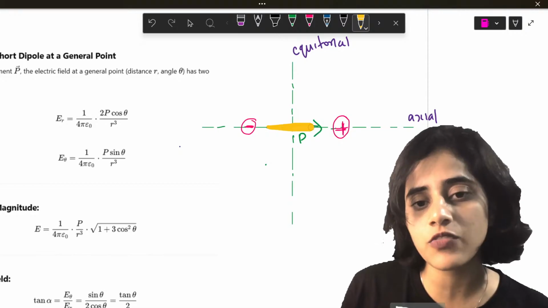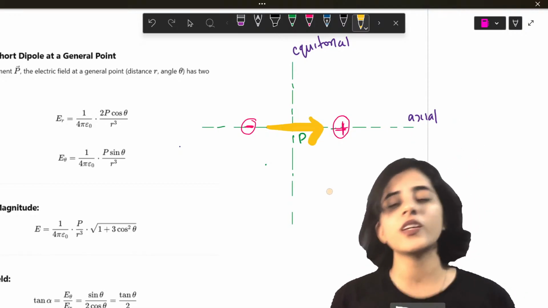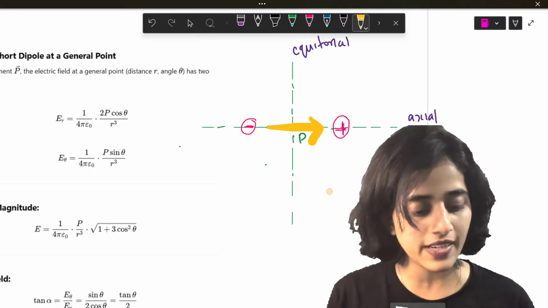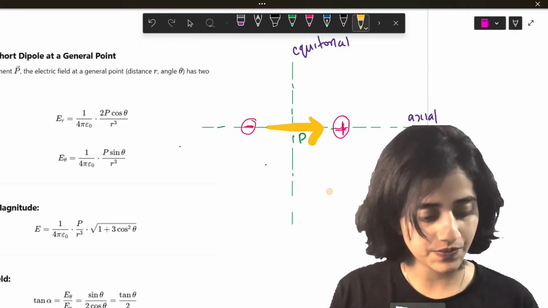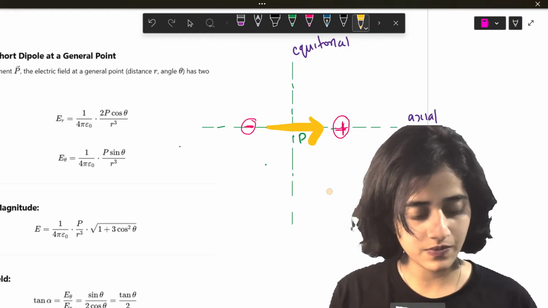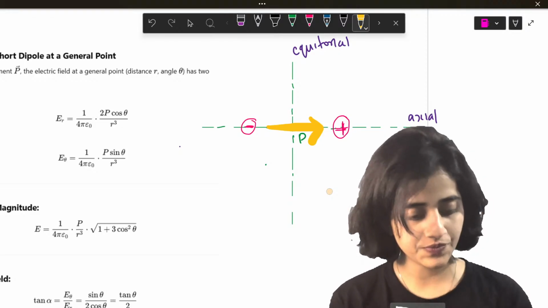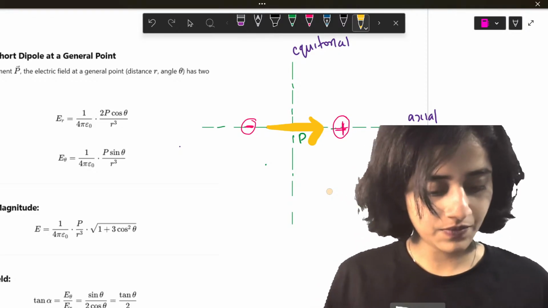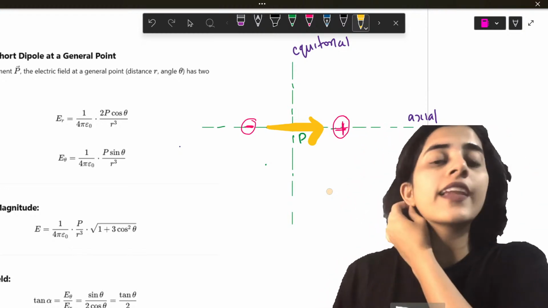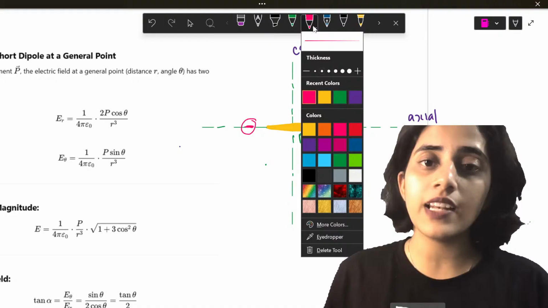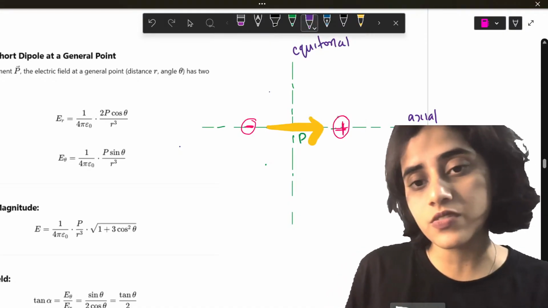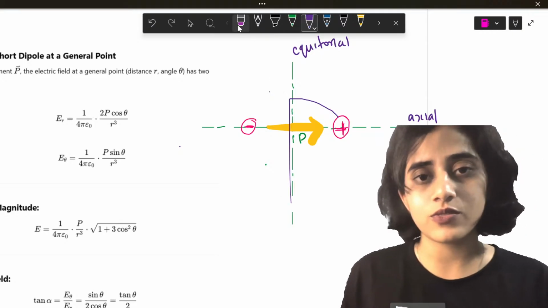So this is my basic figure. Negative to positive, I have a charge and then I have it moving along my dipole moment P. Now, how will the electric field lines be? The electric field lines will be from positive to negative.